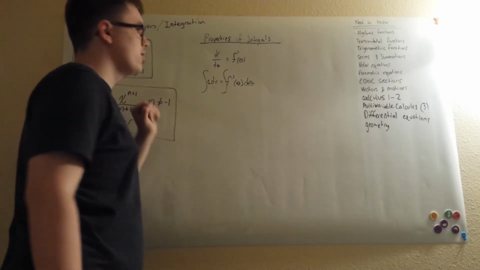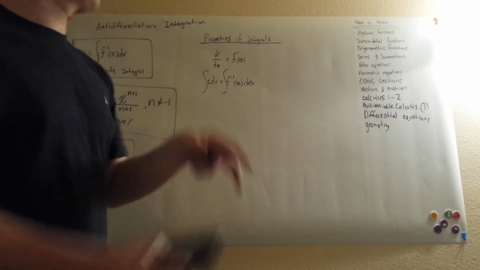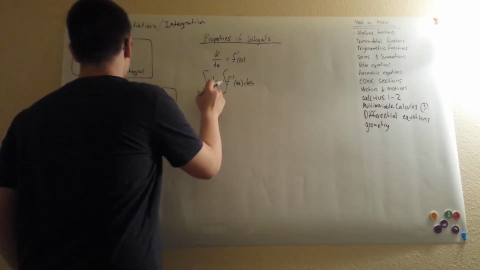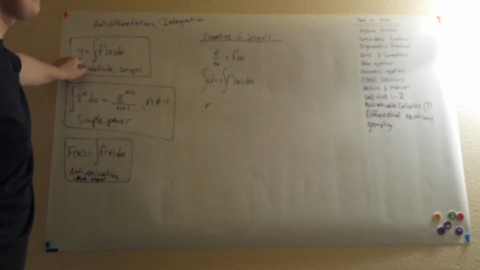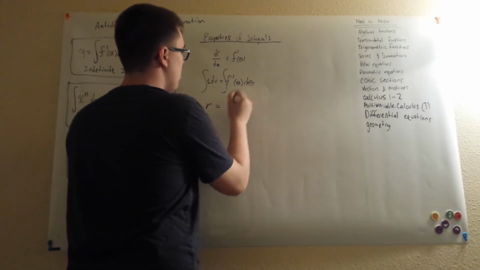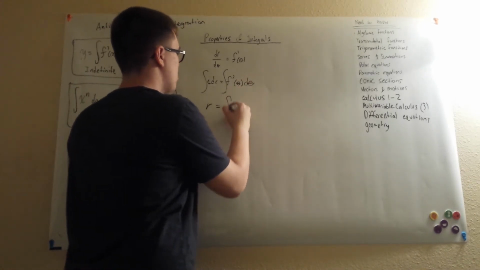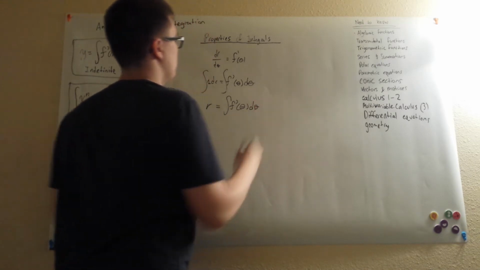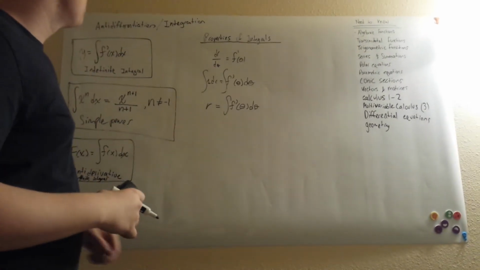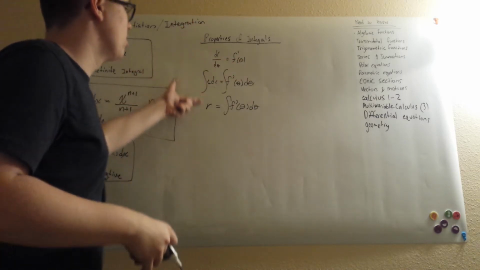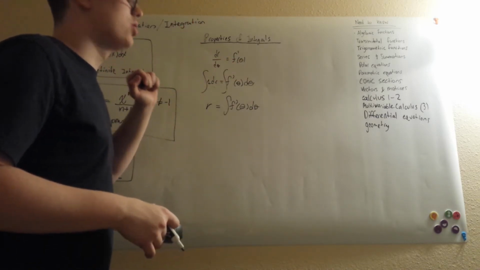If we add 1 to the exponent, we get r to the first, or just r. And that's why the dr turned into r. So this is just the indefinite integral. I'm just saying these variables have to match, and that's when you're finding your original function.